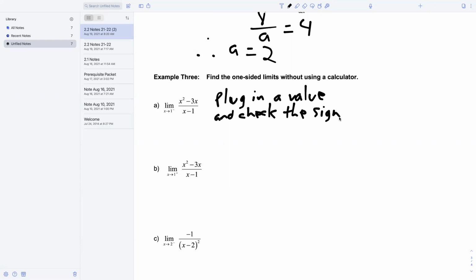Which value? Well, it depends. It is approaching 1 from the negative side, so I'm going to plug in a value on the left-hand side of 1 that is close to 1 and check the sign. In this case, I'm going to plug in 1/2. So I'm going to put myself a little note here: a number close to 1 from the left.